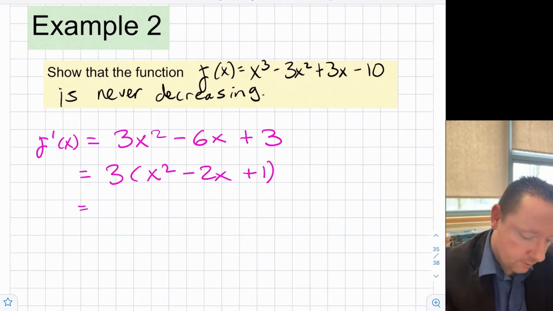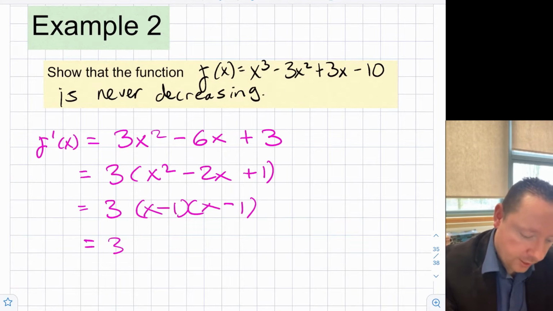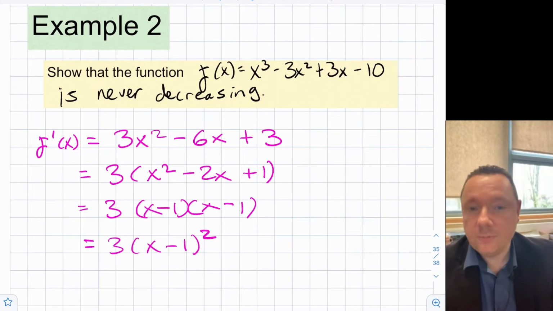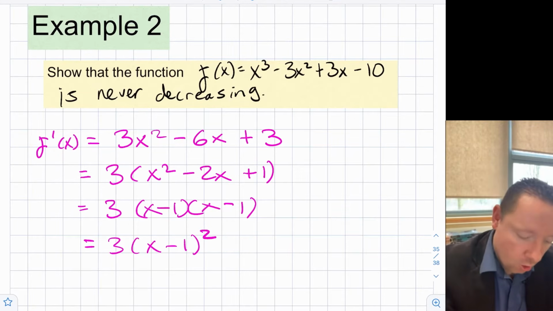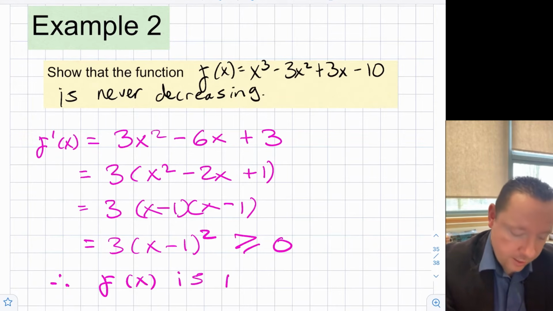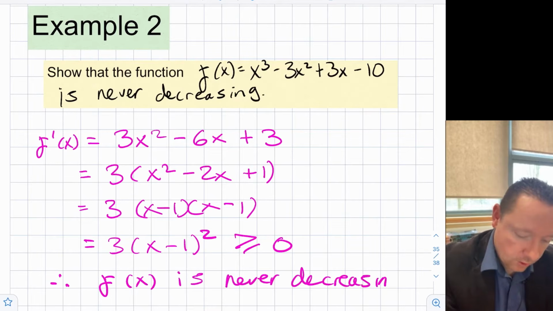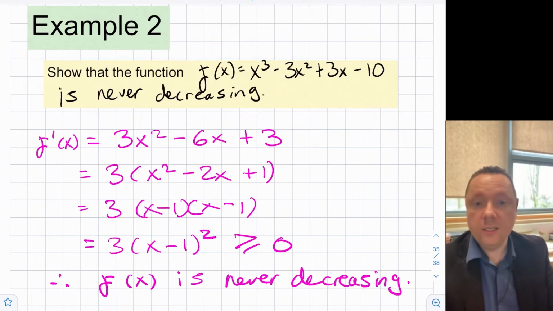Factorising that, we get 3 times x minus 1 and x minus 1, which is 3 times x minus 1 squared. That's 3 times a square number, which is always greater than or equal to 0, and therefore f of x is never decreasing. So since we managed to make that a square number, we can just say that straight away because it's a given.